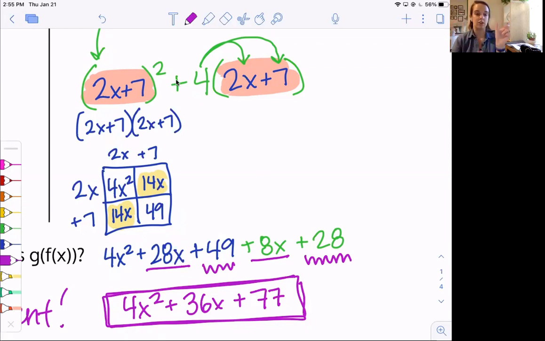So I have the squared part, I need to handle that with the box, but I don't need to use the box for the 4 times this part. So this part is less complicated than the box part. Does that answer your question, or did I add confusion? Yeah, answered it. Cool. I'm glad to help. I'm splitting it into 2 pieces to make it less complicated for myself.